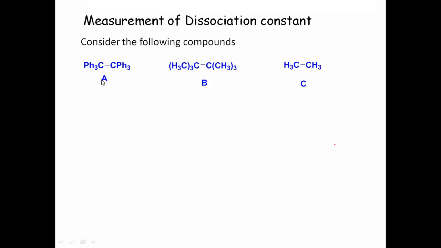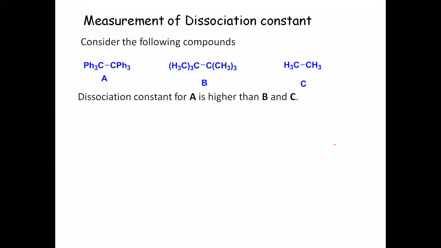And in A, instead of methyl, we have used a phenyl ring, phenyl, phenyl, phenyl, and here also at this carbon, phenyl, phenyl, phenyl. So there are three compounds before us, and our aim is to heat these compounds, or expose them to sunlight, in order to bring out homolytic fission, and to know which compound has the fast rate.